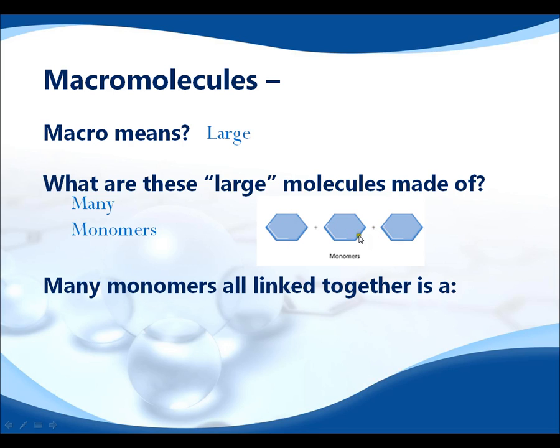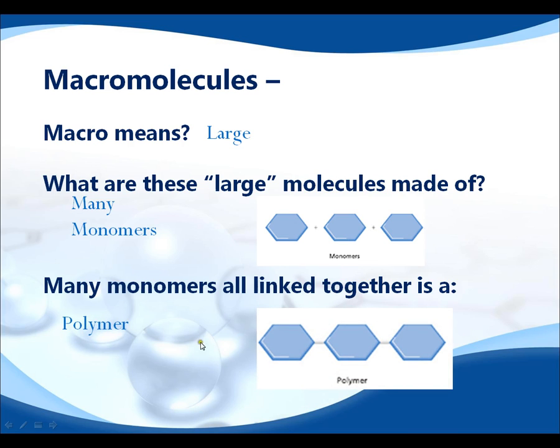If you link them together, see our little plus sign, we link them together and you get a polymer, many mers. And they're linked, and this is considered a polymer. If you think of a pearl necklace, each individual pearl would be called a monomer, and the whole strand of pearls together would be a polymer.